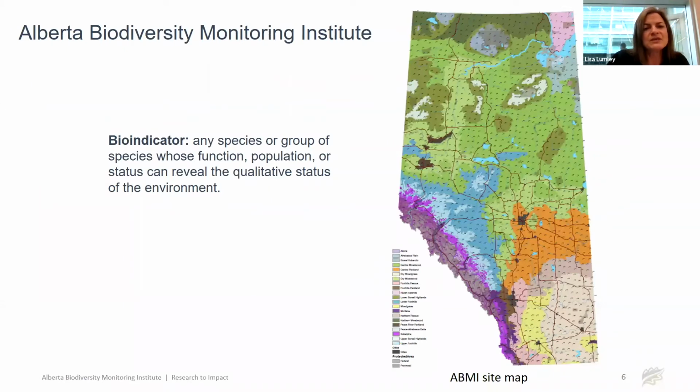The Alberta Biodiversity Monitoring Institute, Sid gave a really nice intro to that, so I won't go into too much detail, but I wanted to point out that the mites that we study are from the main ecosystem health grid. So this is a grid of 1,656 sites across the province that are systematic, about 20 kilometers apart.